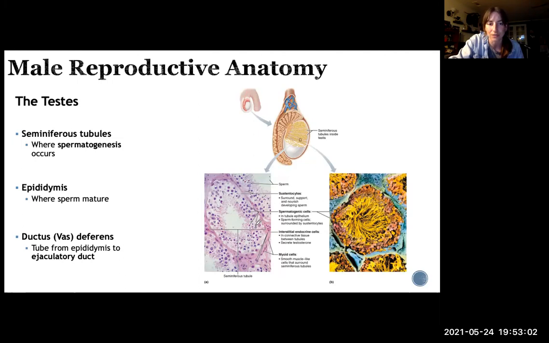seminiferous tubule, okay? So the seminiferous tubules are everything in here. They're all of these little guys. Those are all seminiferous tubules. And if you took one in cross section, you would have basically like stem cells on the outside, which basically are developing and duplicating, they're replicating and developing, basically forming those gametes.